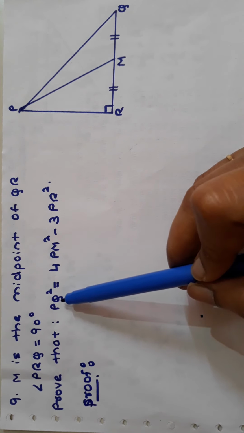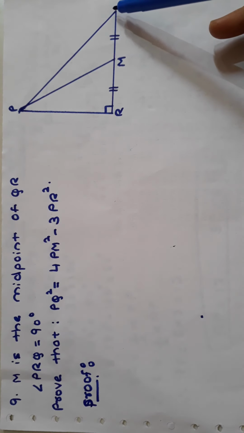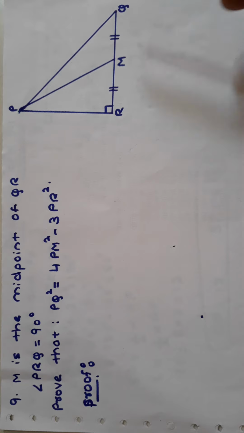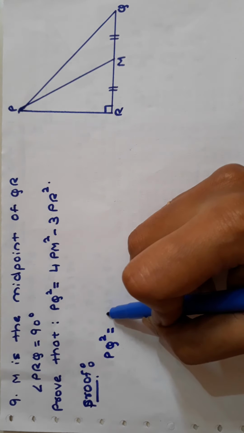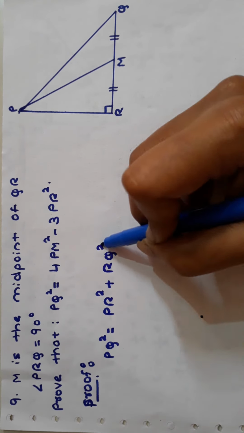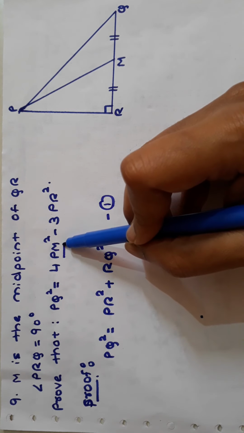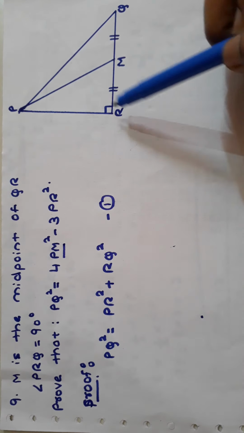Now to prove the result we need PQ square, and PQ is the hypotenuse of the right angle triangle PRQ. So by Pythagoras theorem we get PQ square is equal to PR square plus RQ square. Similarly, we need PM square, and PM is the hypotenuse of the right angle triangle PRM.